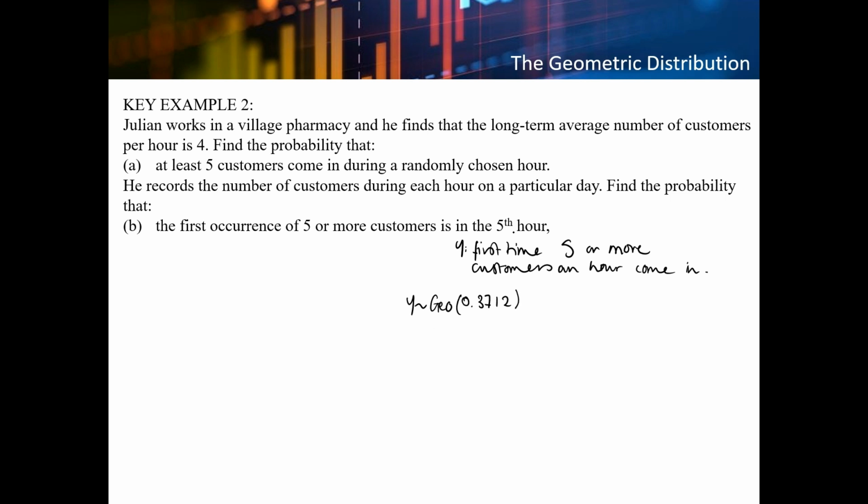And then we are asking what's the probability, it's the 5th hour where that happens, so what's the probability that Y is the 5th hour? And that's going to be the first 4 hours don't meet that condition, and then the final hour does. That gives us a probability of 0.0580.